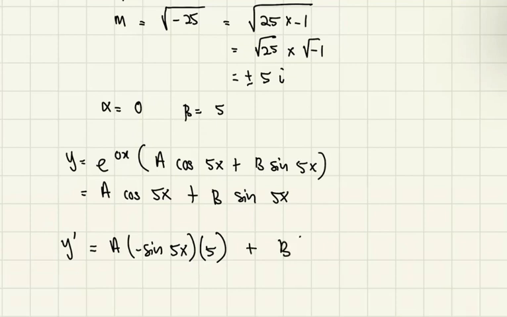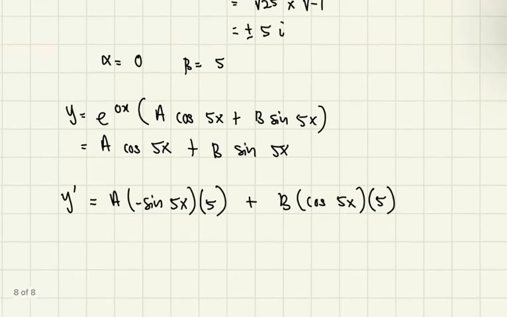Differentiate sine, we get cos 5x. Differentiate 5x, you get 5. So minus 5a sine 5x plus 5b cos 5x. So this is y prime.